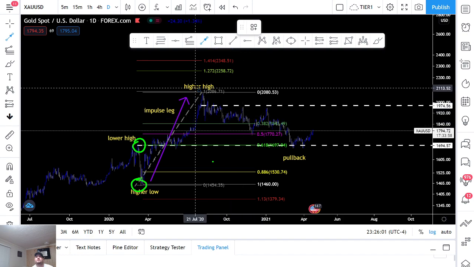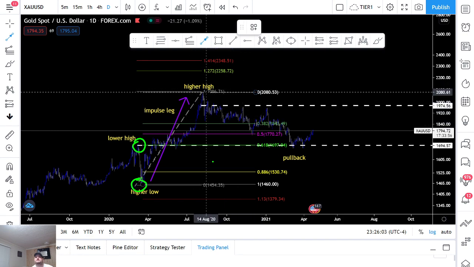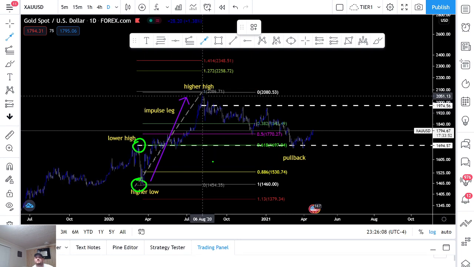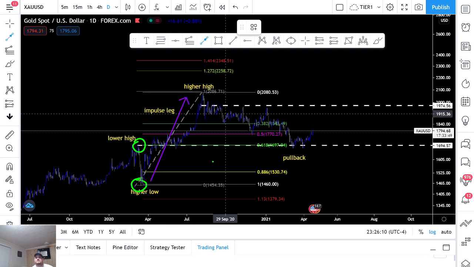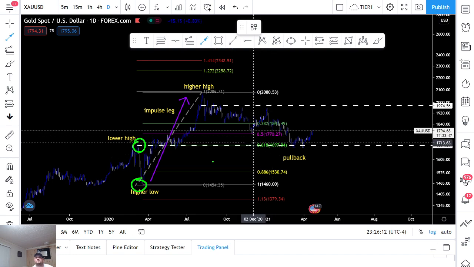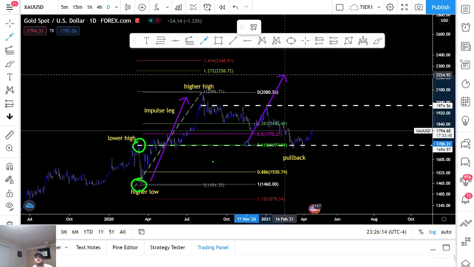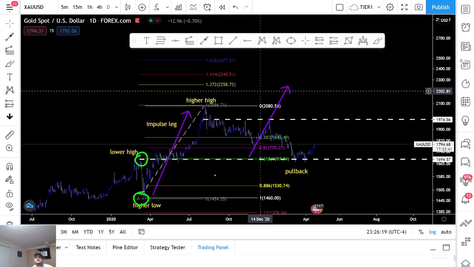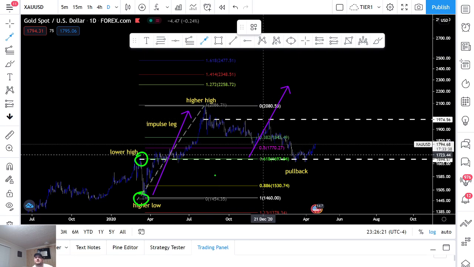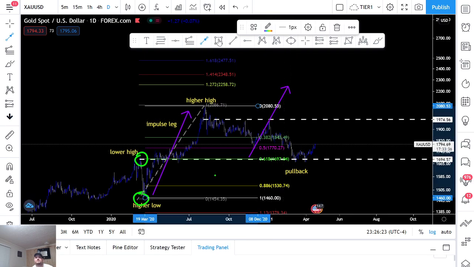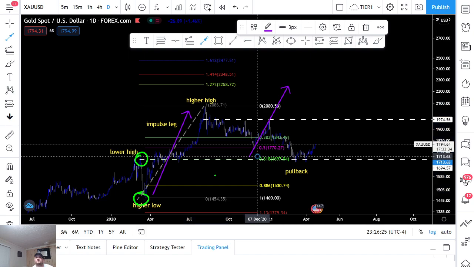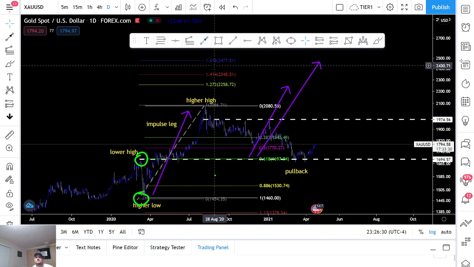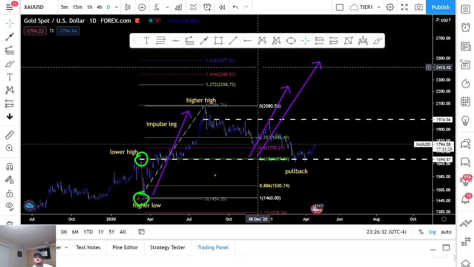First take profit would be a retest of the high right here, $2,000. Take profit 2 would be the 127 extension, and take profit 3 would be the 1618 extension.